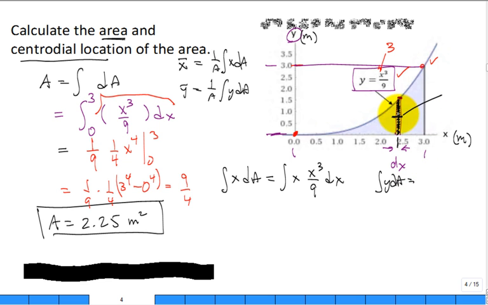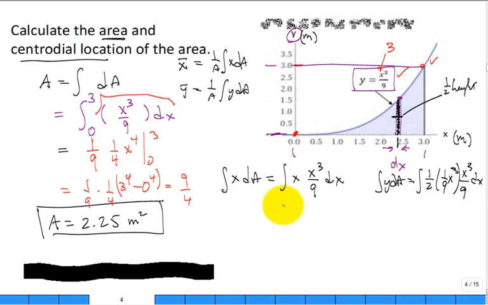What is y? It's half the height, isn't it? So what is the height? That's x cubed divided by 9. So basically it's the integral of 1/2 of 1/9 x cubed times dA, which is x cubed over 9 dx. All right? That makes sense?